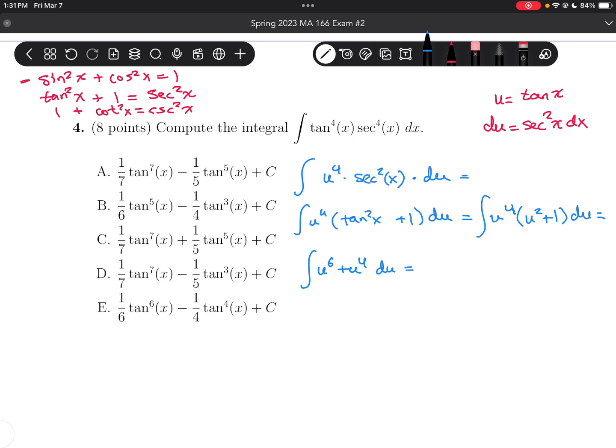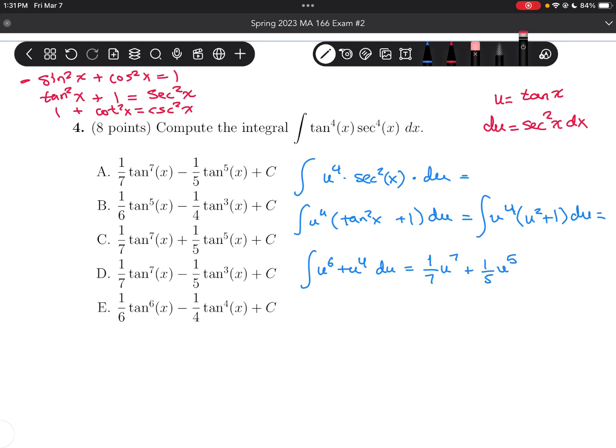Okay, so by the power rule, the antiderivative of u to the power of 6 is 1/7 times u to the power of 7, and the antiderivative of u to the power of 4 is 1/5 times u to the power of 5. And the last step with u sub is to go back and plug in the original expression that is in terms of x.